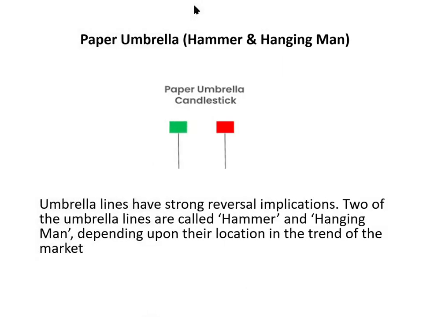These are the paper umbrellas, or hammer and hanging man. Umbrella lines have strong reversal implications. Two of the umbrella lines are called hammer and hanging man, depending upon their location in the trend of the market. Let's say if there is a downtrend, and at the end of that trend a green candle appears at the bottom, then it is called a hammer because it looks like a hammer at that point, and this is usually the reversal of that downtrend.